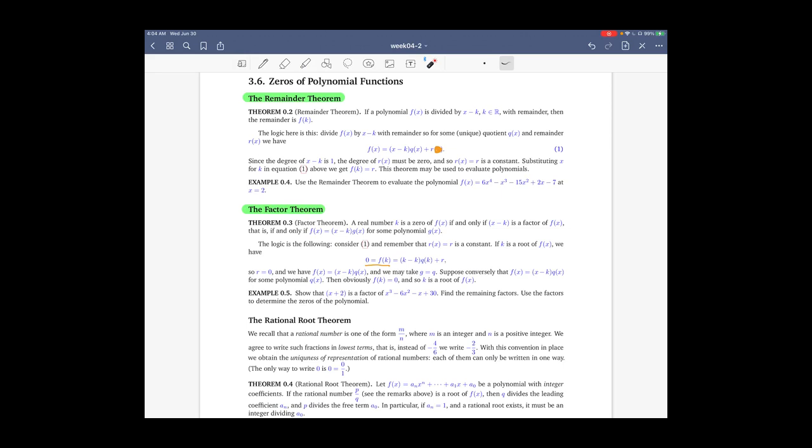All right. In this case, when x minus k is a factor of f, we will also say that x minus k divides f.